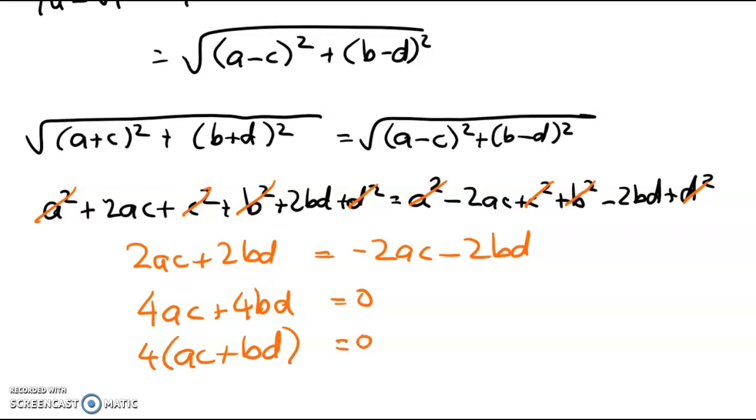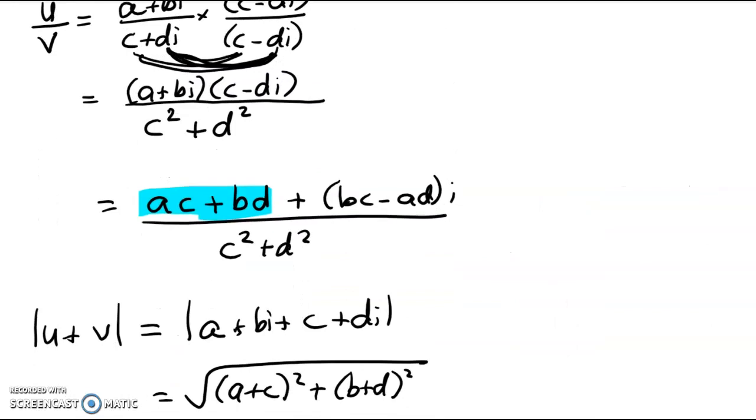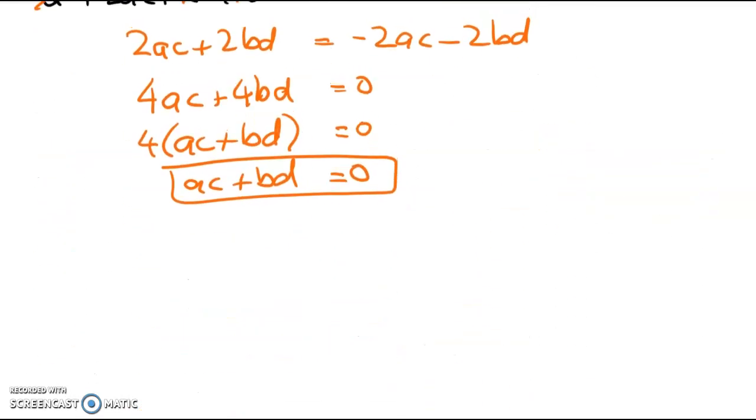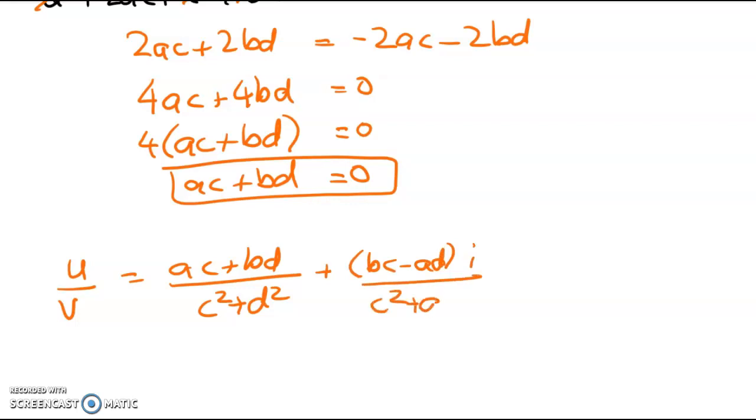So it's quite nice having done that early work, so that as soon as we see we're getting close to this, now we take that and we go back and we say, what's u over v? Well, u over v is equal to ac plus bd over c squared plus d squared plus bc minus ad i over c squared plus d squared, which is equal to bc minus ad i over c squared plus d squared.